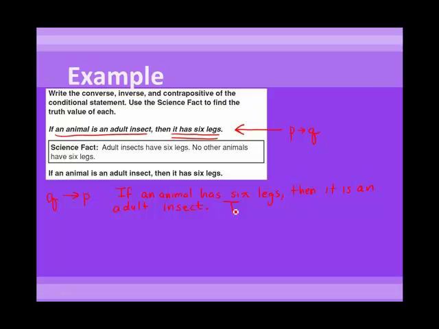Now let's write the inverse. The inverse is not P implies not Q. So we're going back to our original and we're just adding the not.